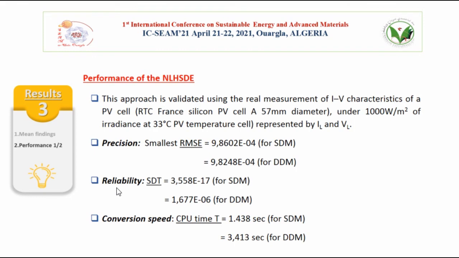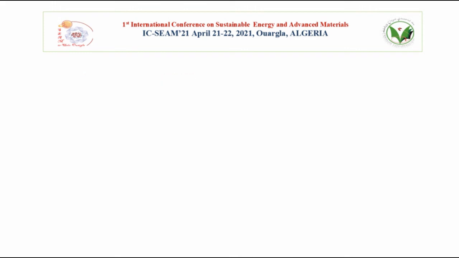The reliability or stability of the algorithm is measured by the standard deviation, which is a very small value for both the single diode and double diode models, and the convergence speed is about 1 second for the single diode model and 3 seconds for the double diode model.